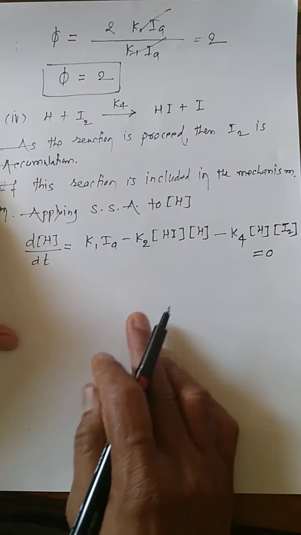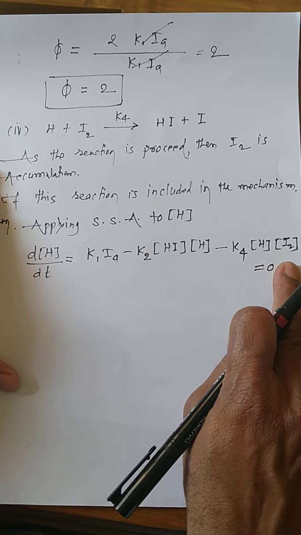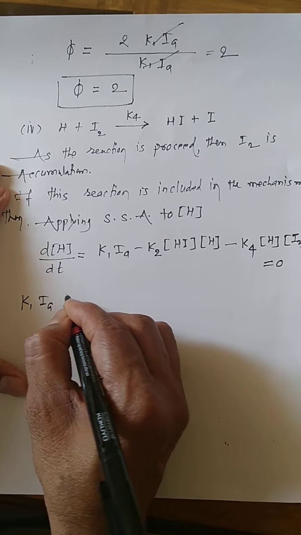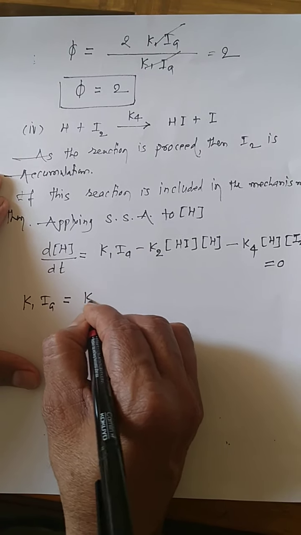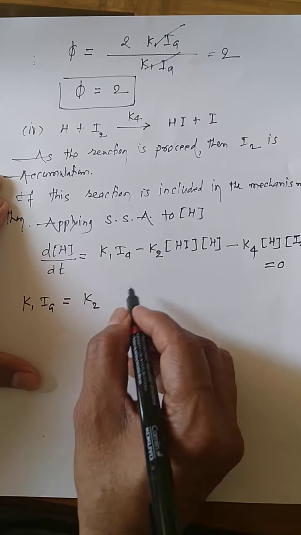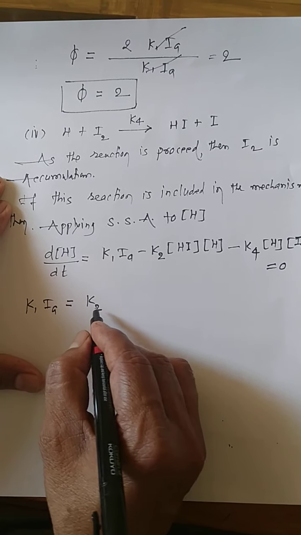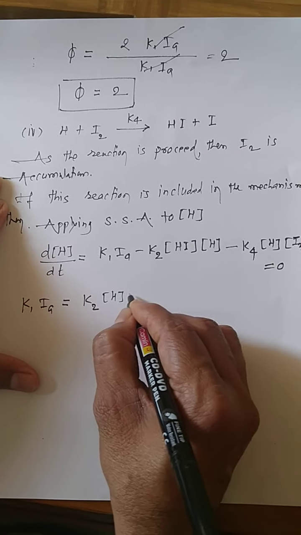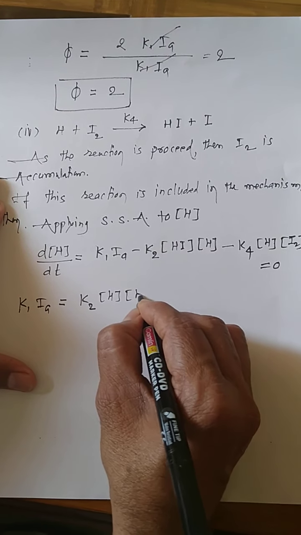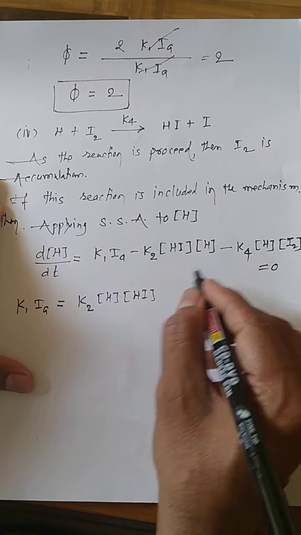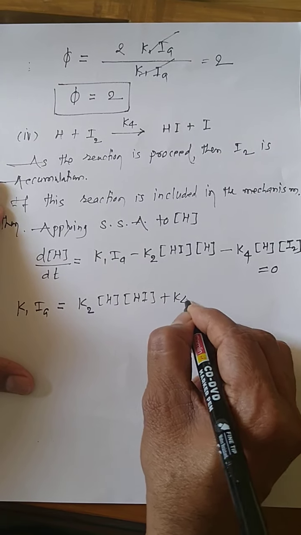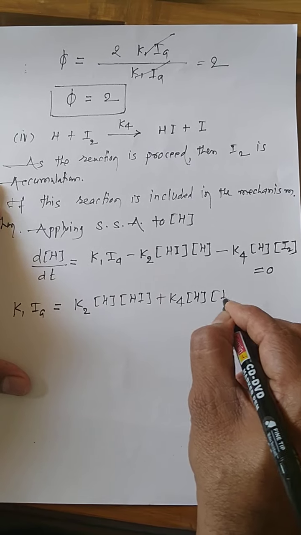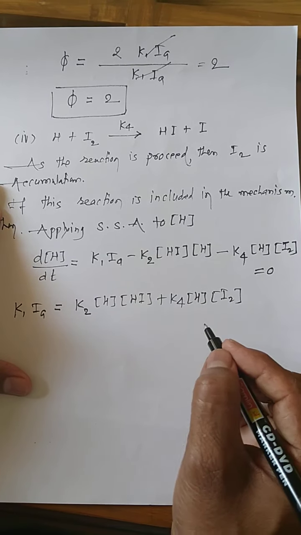Now rearranging this equation, K1 intensity absorbed is equal to K2 into H into HI plus K4 concentration of H, concentration of I2.